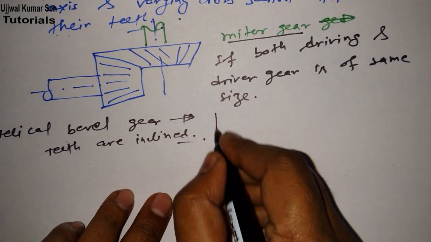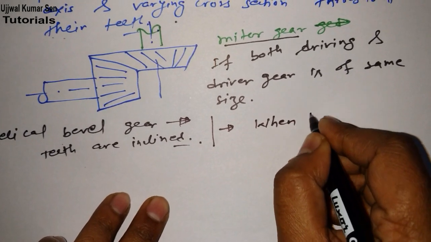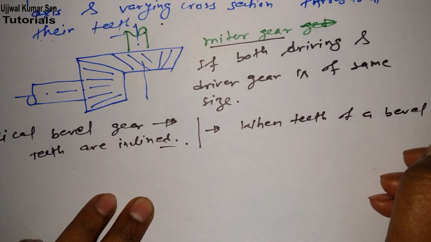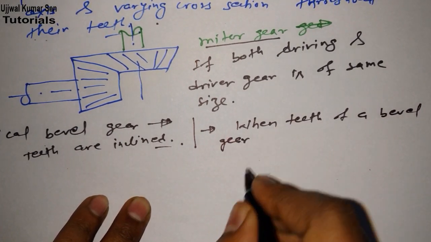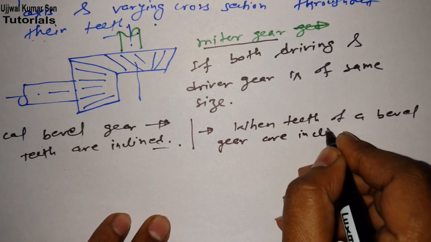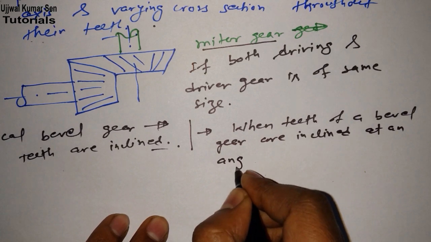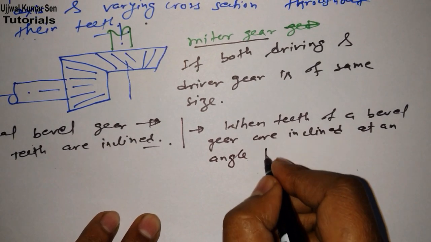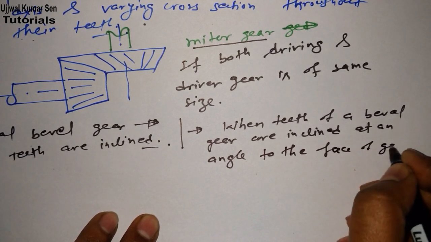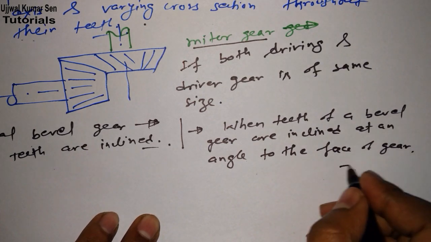So the definition is here: when teeth of a bevel gear are inclined at an angle to the face of gear, it is known as helical bevel gear, right?